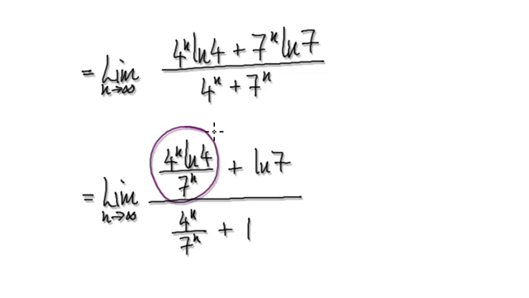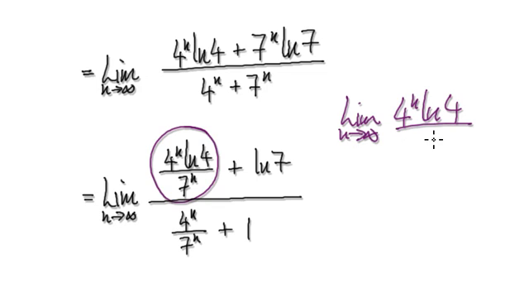If you're not convinced, then think of it like this: the limit as n tends to infinity of... let me think. Don't forget this is a constant. So you're trying to do this here: natural log of 4 over... You see, this is a constant, so you can take it out here.